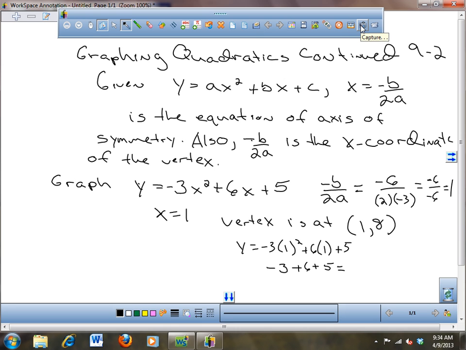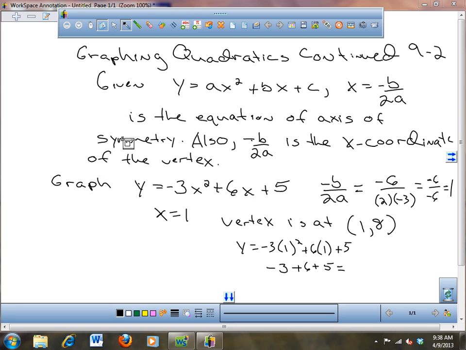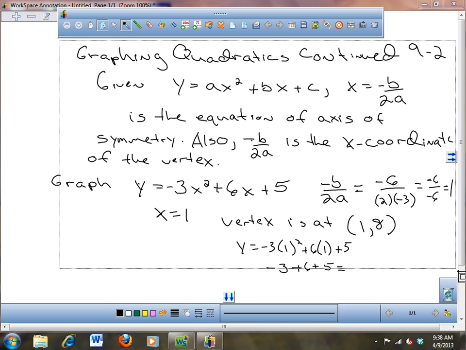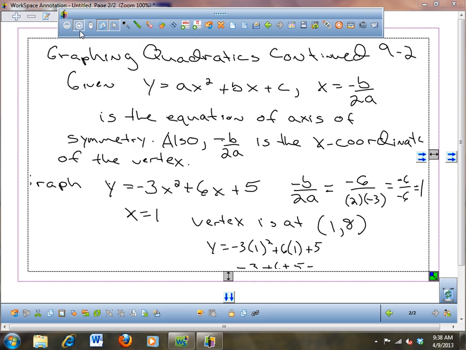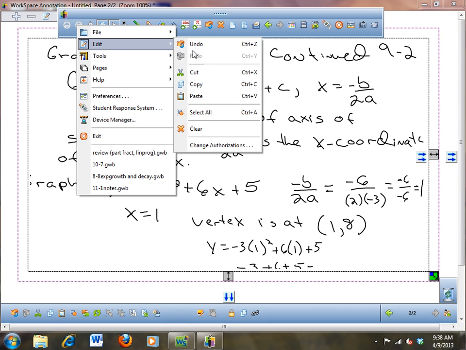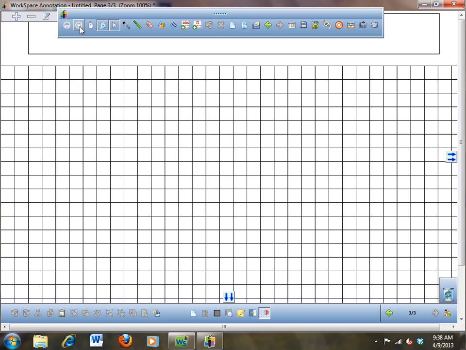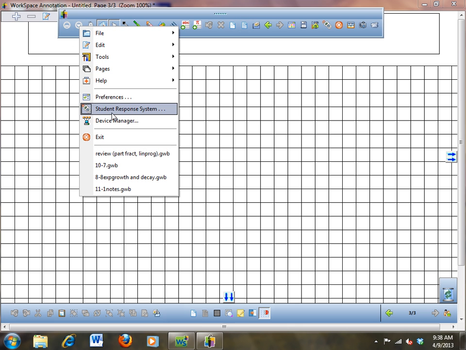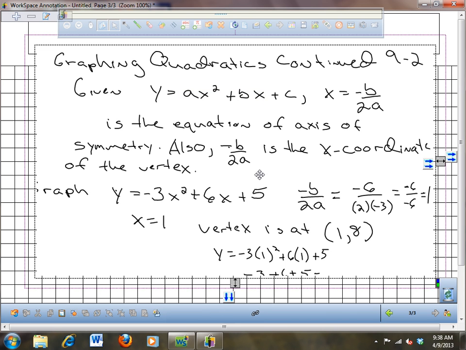So capture. Here we go. Place, capture, new page. Okay, except I want to edit. There must be a better way to do this. Copy. I'm going to put it on graph paper. And I'm going to go edit, paste, and now I have graph paper with my thing.